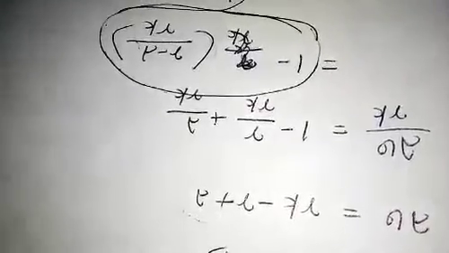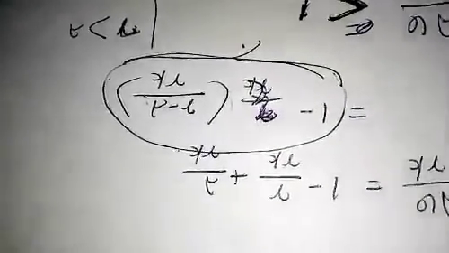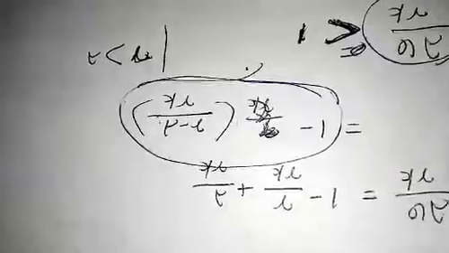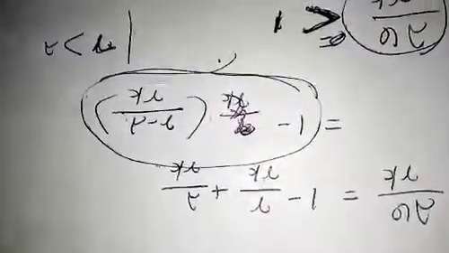So lambda V divided by R K is less than 1, which implies E is less than 1, right? Here E equals lambda V divided by R K. Then E is less than 1.